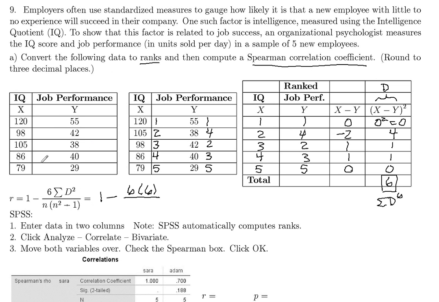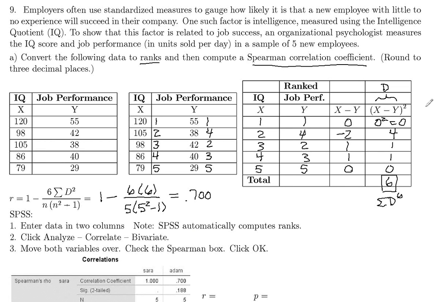This table is just an easier way of finding this. So it's 1 minus the fraction, 6 times 6, over n times n squared minus 1. There are 5 pairs here, so n equals 5, and then this will be 5 squared minus 1. If you key that into the calculator, you get 0.7, actually 0.700 to 3 decimal places.